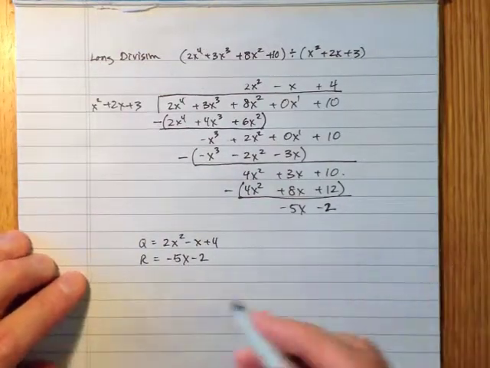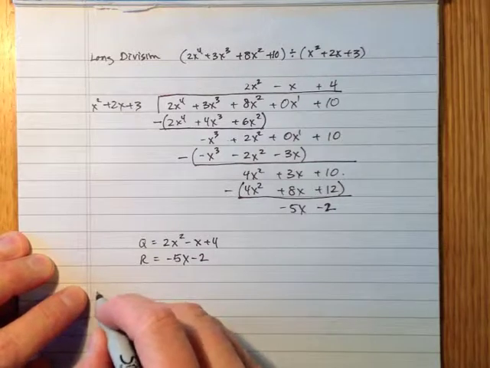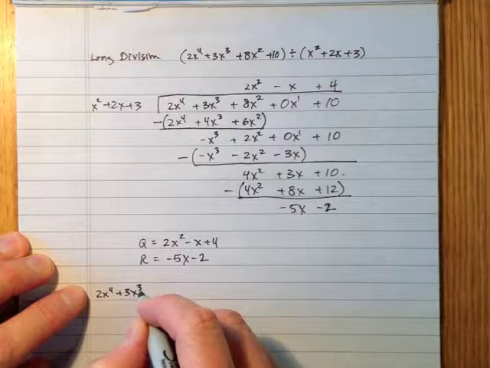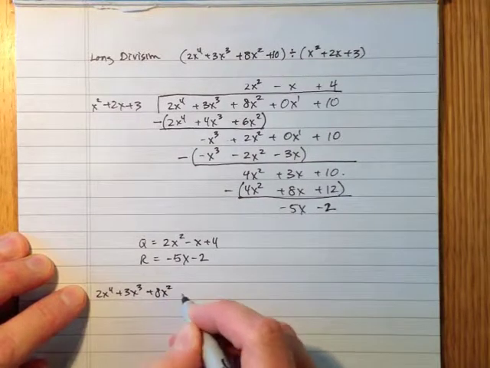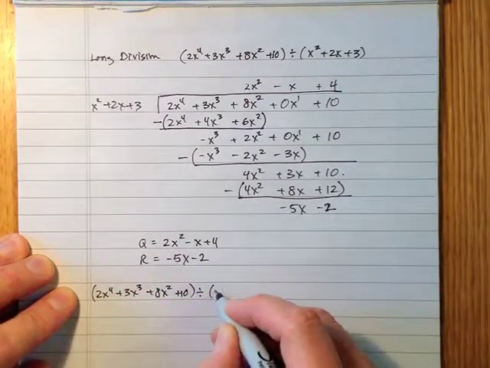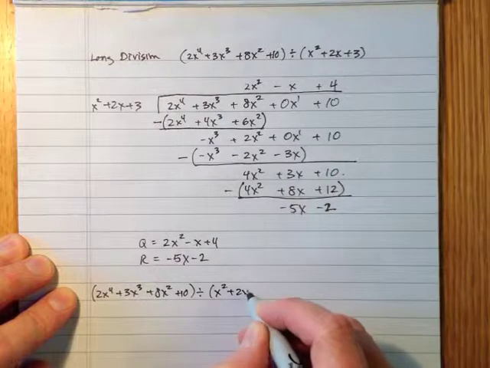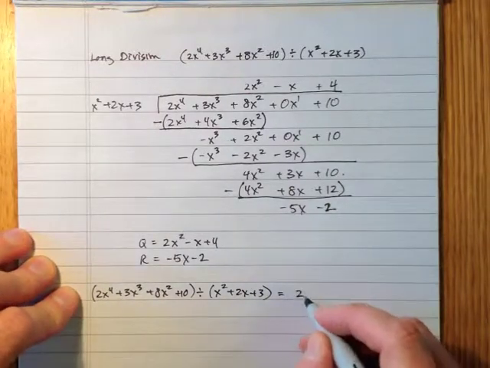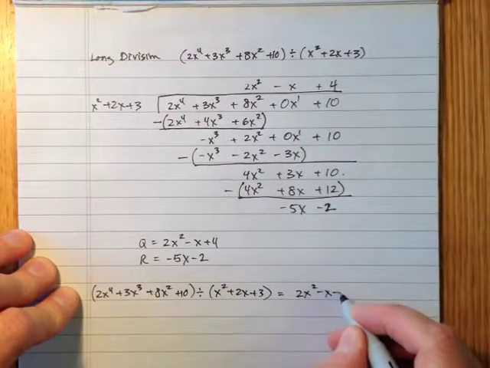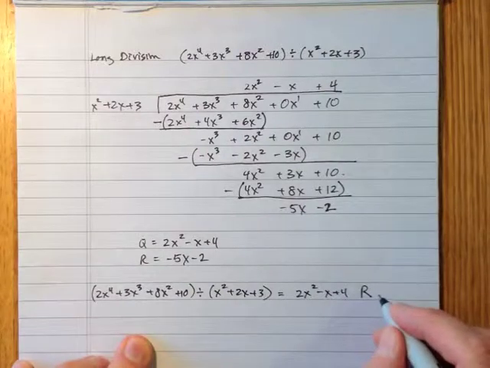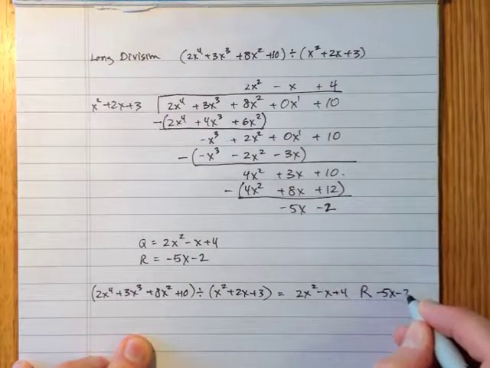What we just discovered is that, just like with decimal numbers, 2x to the 4th plus 3x cubed plus 8x squared plus 10 divided by x squared plus 2x plus 3 is 2x squared minus x plus 4 with remainder negative 5x minus 2.